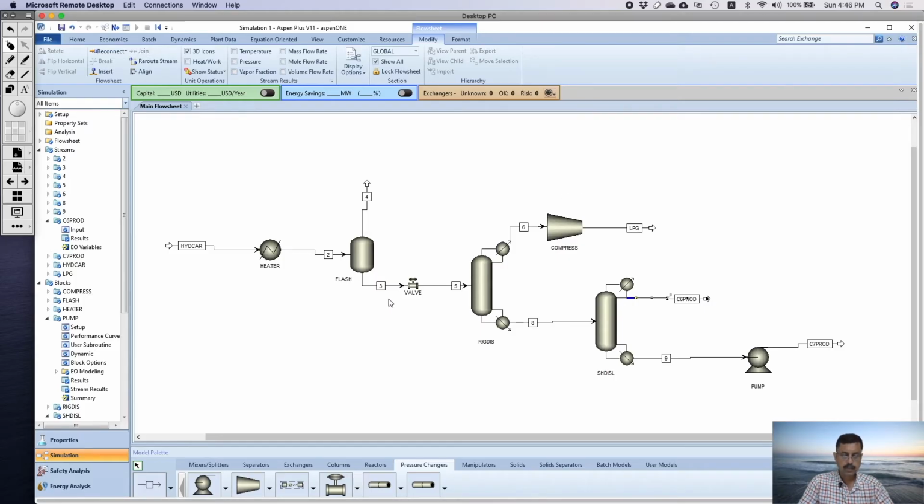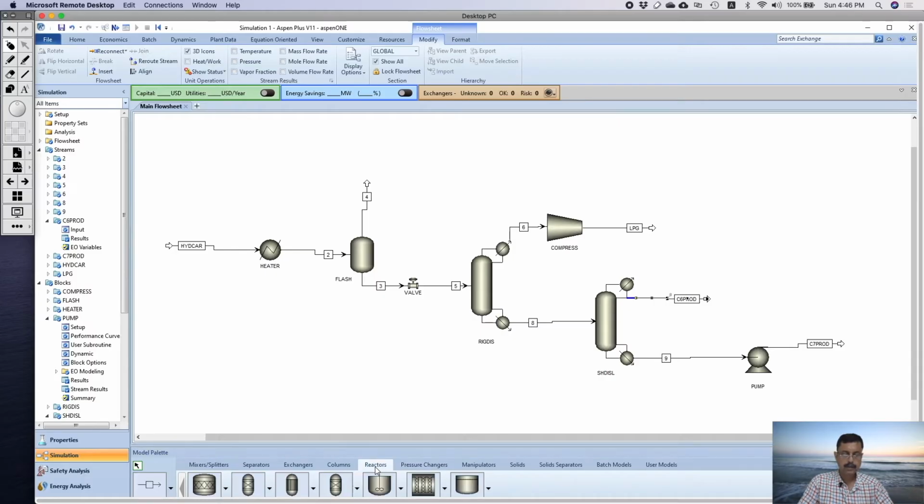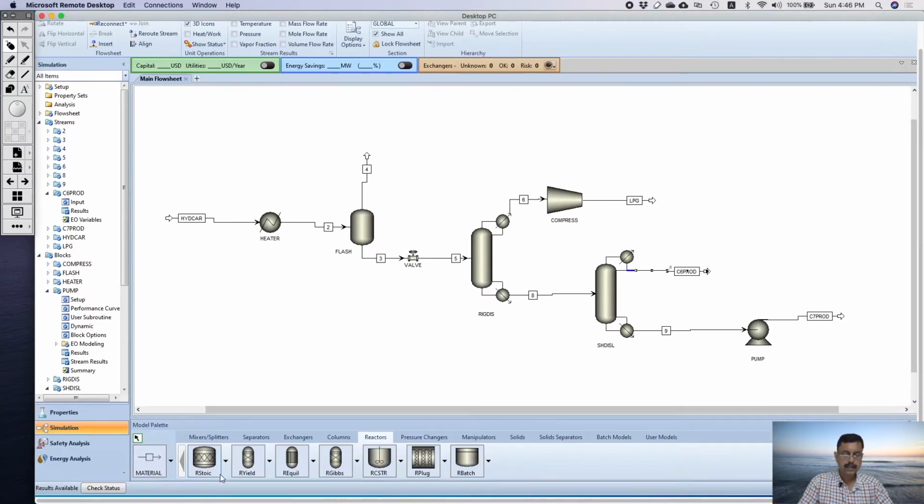For that we have to bring in the reactor. There are several reactors: yield, stoichiometric, equilibrium, Gibbs free energy, CSTR, plug flow, batch. We will use the stoichiometric reactor. So bring in the stoichiometric reactor over here.